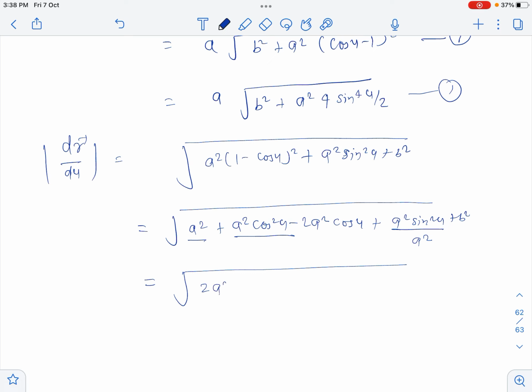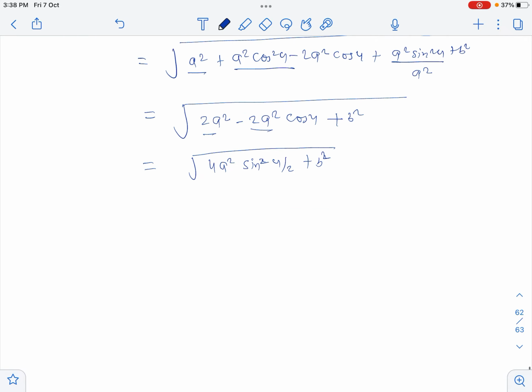So this is 2a square minus 2a square cos u plus b square. So 2a square can be taken outside and 1 minus cos u will become 2 sin square u by 2. So this will become 4a square sin square u by 2 plus b square.